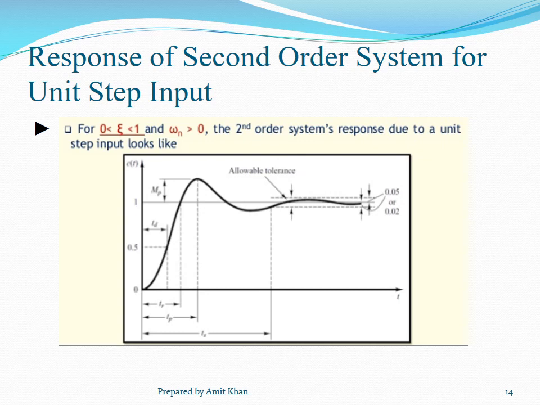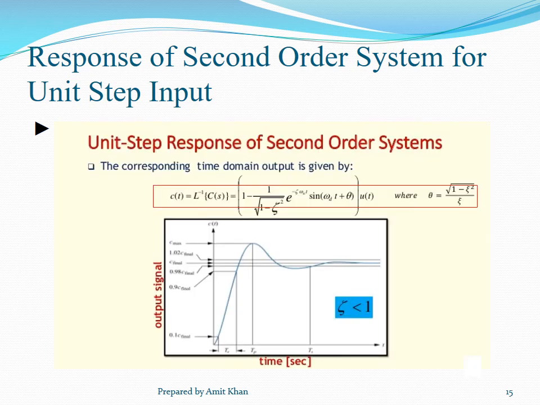Here we can see the response of a second order system for unit step input. We have seen this response in the previous slide also. This is also the response of a second order system for unit step input, with the corresponding time domain output given.